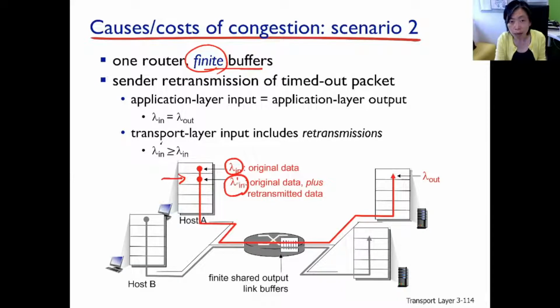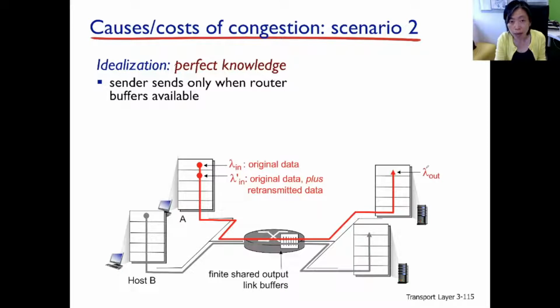Then lambda in prime should be greater than or equal to lambda in, because it should definitely contain the amount of data we need to send out, plus potentially retransmissions of some of this data. Lambda in, lambda out, the same thing. At the application layer, lambda in is going to be very much like lambda out. How much we send out, in the end, is how much lambda out is going to come out. And that was just to describe scenario 2.